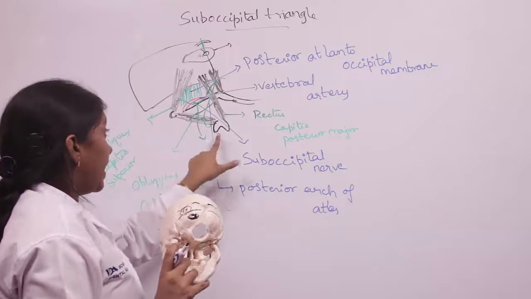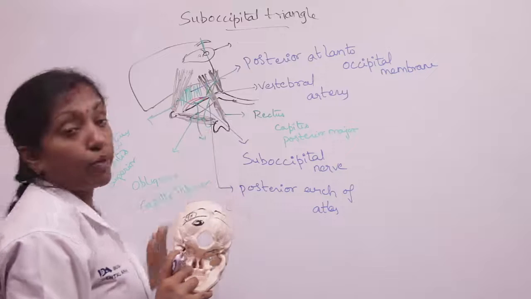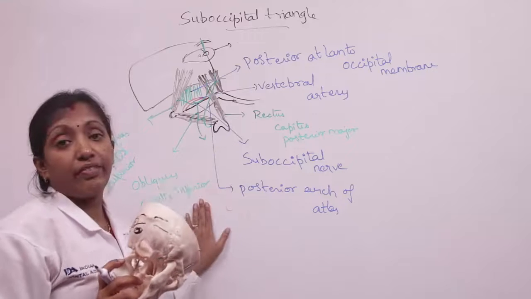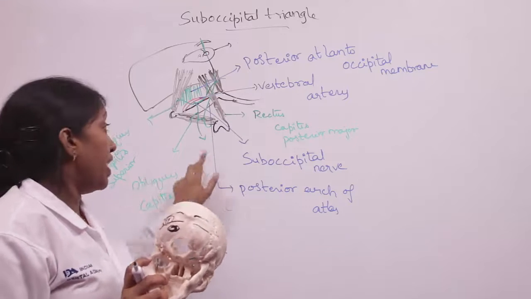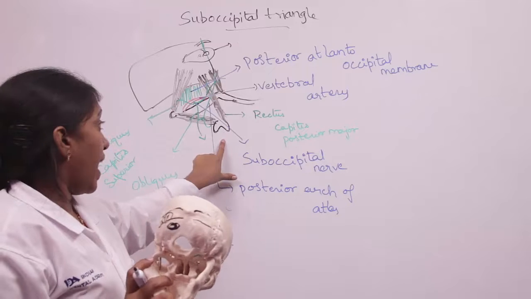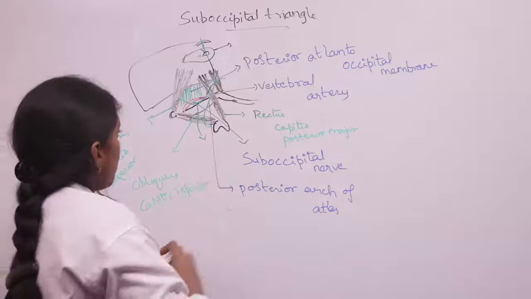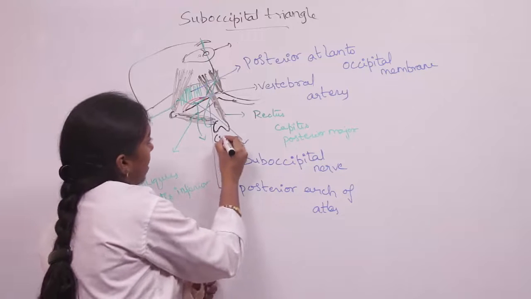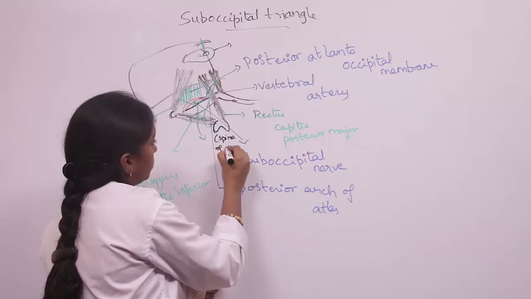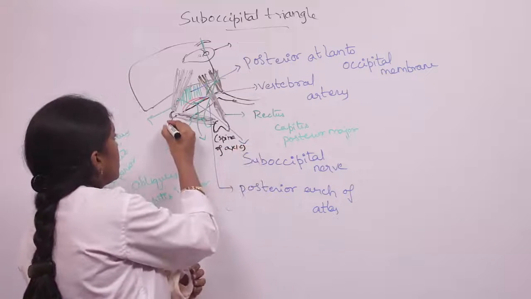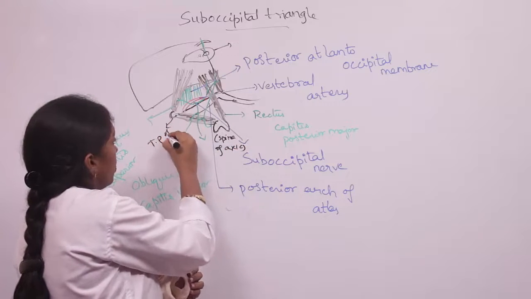And coming to the inferior boundary, the suboccipital triangle is bounded by the obliquus capitis inferior, which arises from the spine of the axis, and it is inserted to the transverse process of atlas. So this is the spine of the axis, and this is the transverse process of atlas.